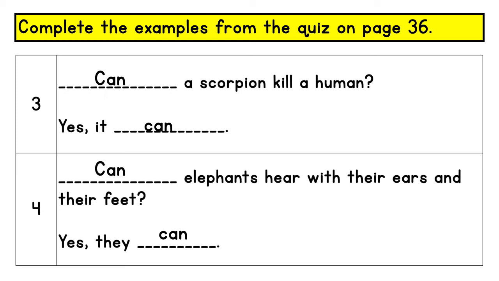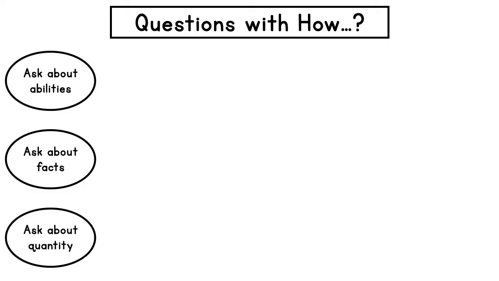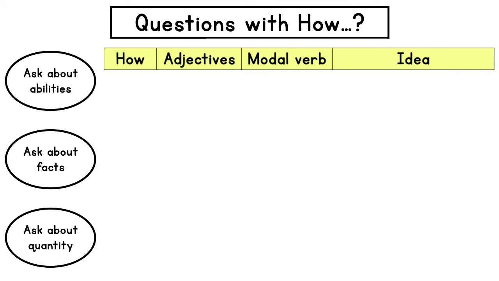Now we move on to asking questions with how, bagaimana. Tanya soalan menggunakan how, bagaimana. So we ask questions with how to ask about abilities. Look at this format: how with adjective, followed by modal verb and your idea.